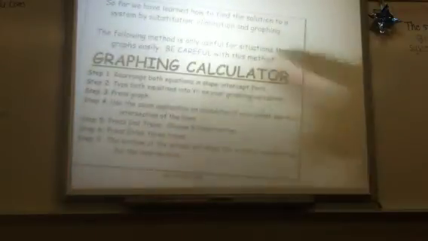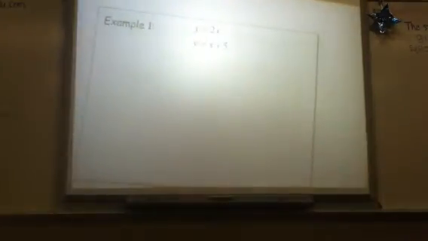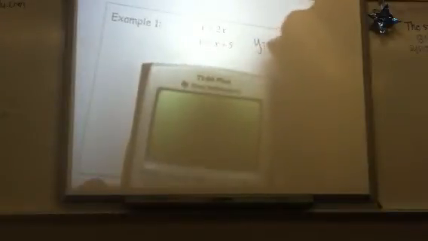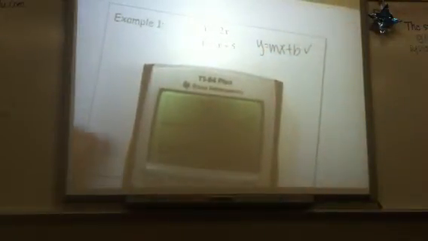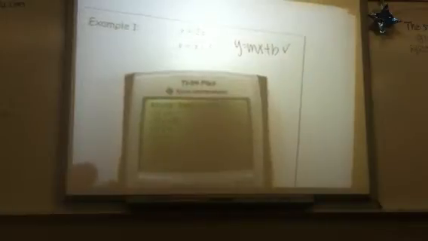For instance, on example 1 that we've already done, so we know the solution, the first step is done for us, so it's in y equals mx plus b. So I'm going to turn our calculator on. Step 2 is to go to y equals.